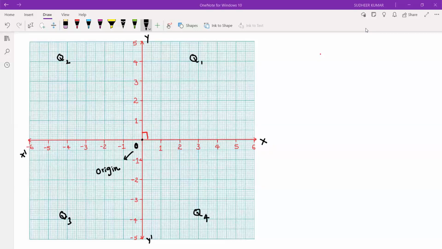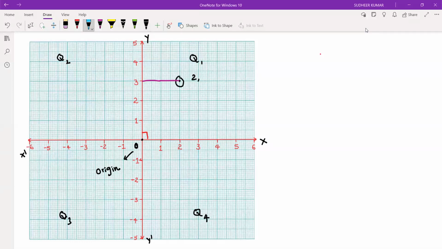So let's find the position of the point with respect to these axes. It is the distance from the y-axis. So 1, 2 units. So let's write 2.